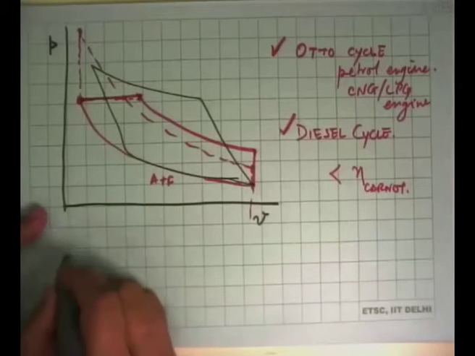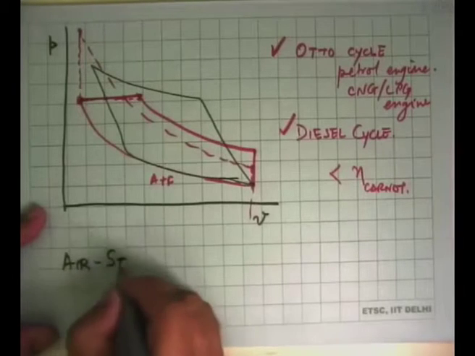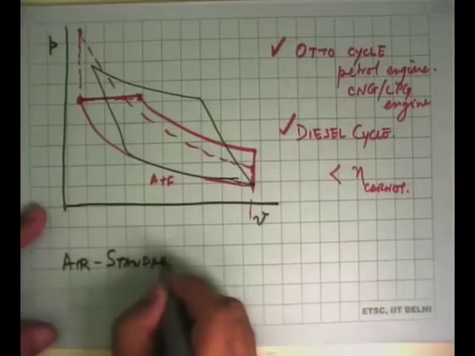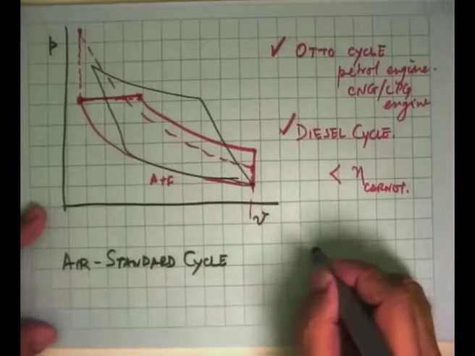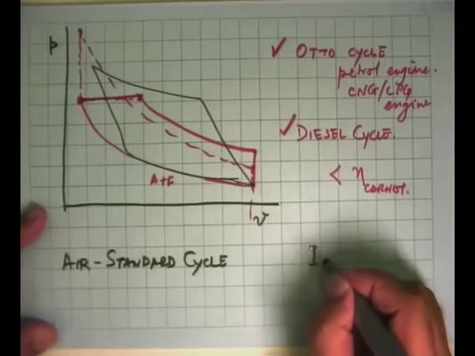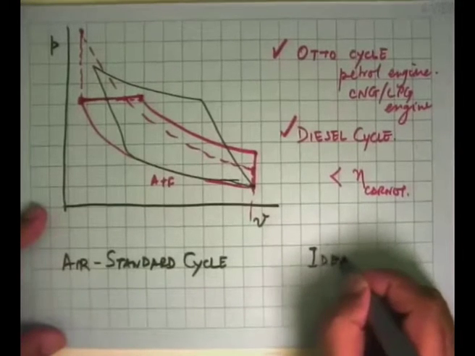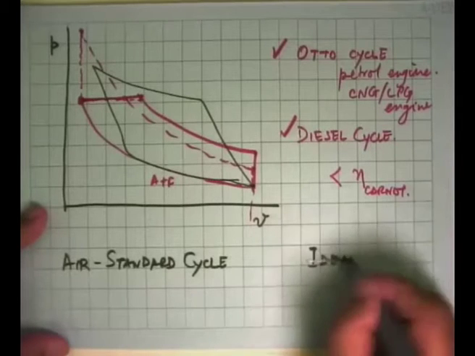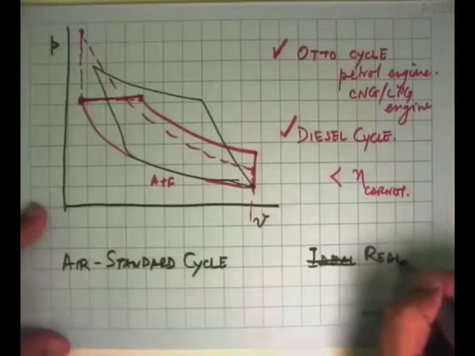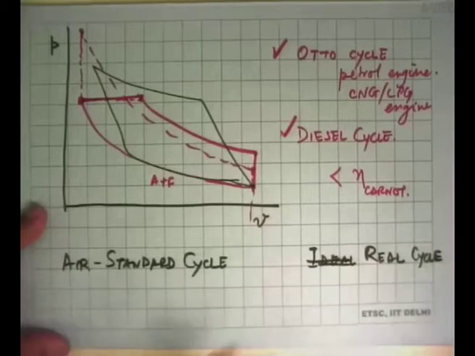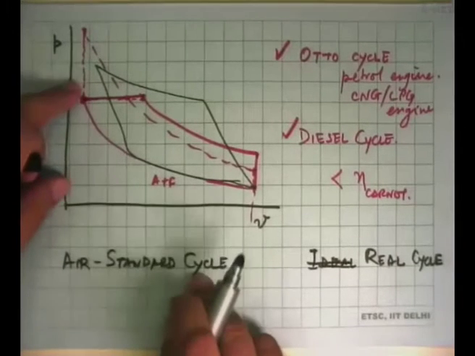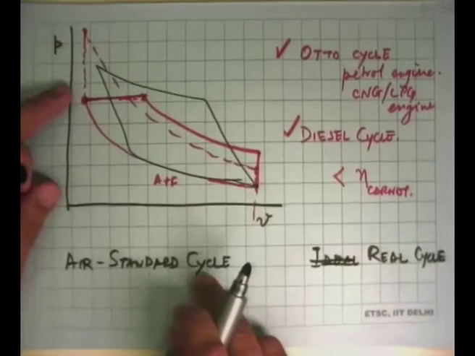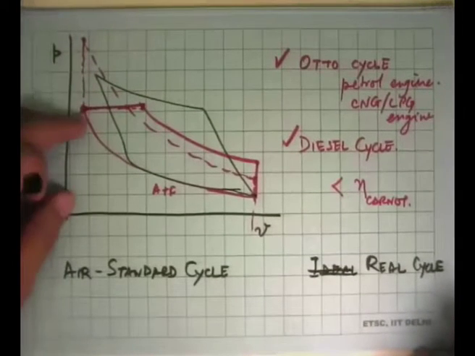So we'll stop by making one more point, that what we have drawn here is what we will call an air standard cycle, versus a real cycle. And I will list the differences between these two, because the air standard cycle is the one whose performance we can analyze, we know all the equations and processes for that.